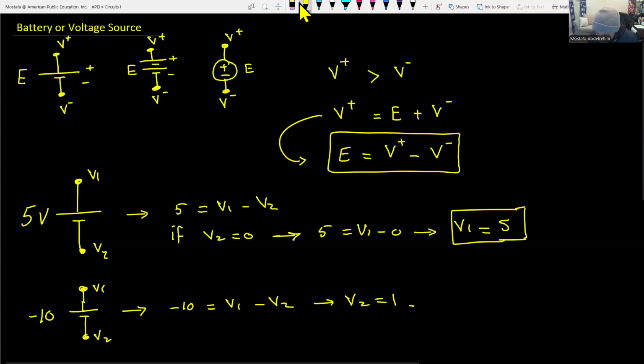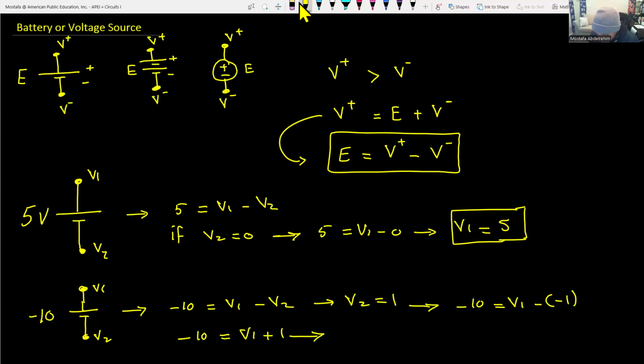Let's substitute and see. So minus 10 equals V1 minus, and the V2 is 1 volt. So minus 10 equals V1 minus 1. So V1 is equal to minus 10 plus 1, which is minus 9 volts.